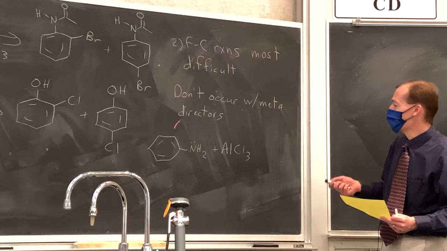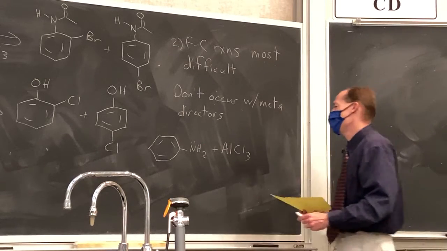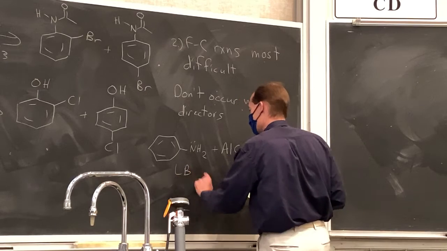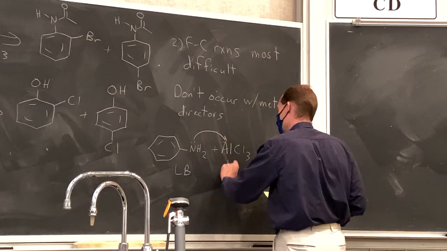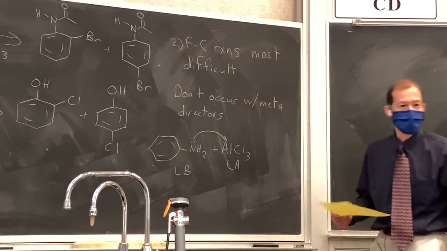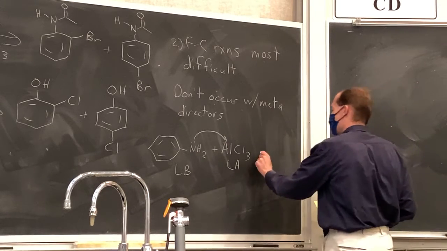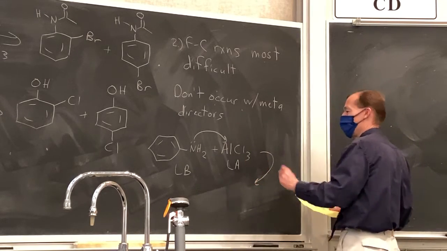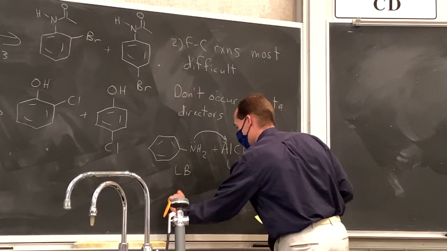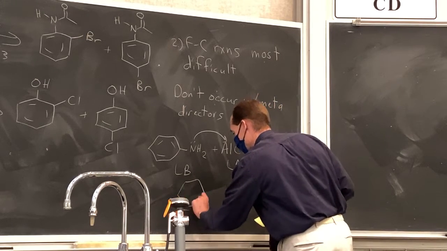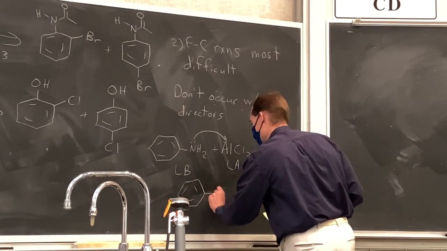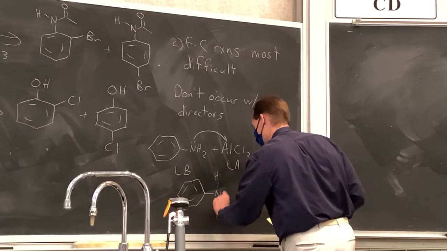But if we have a strongly Lewis basic group, such as an amine, that Lewis base is going to react with our Lewis acid instead of the Lewis acid reacting with the alkyl or acid chloride, and will generate a Lewis acid Lewis base complex.